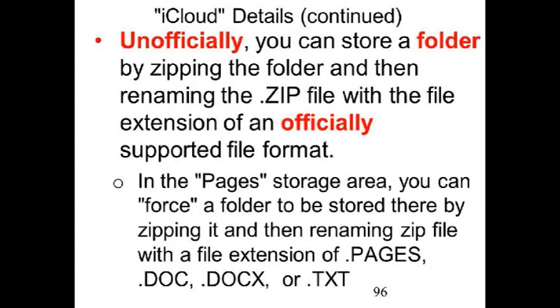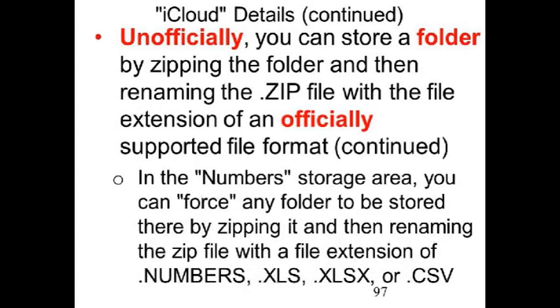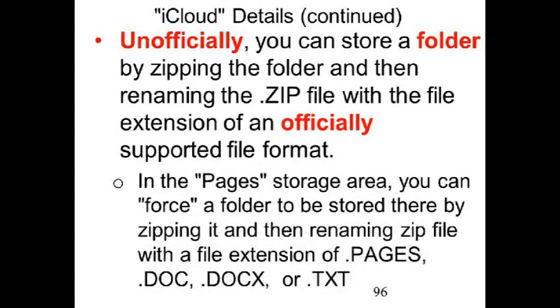I dragged the file to the Pages tab of iCloud, and it stores there just fine. Now, after I download it, I've got to rename it before my software will open it on my computer, right? But iCloud doesn't check the file header to figure out what kind of file it really is. So you can do the same thing everywhere.